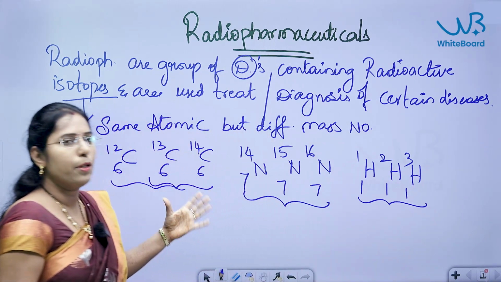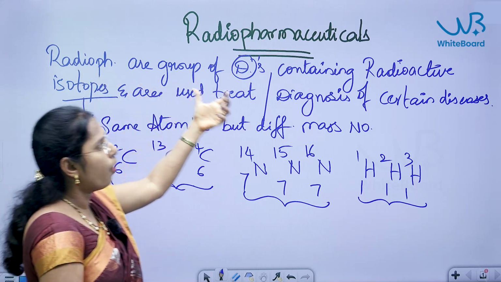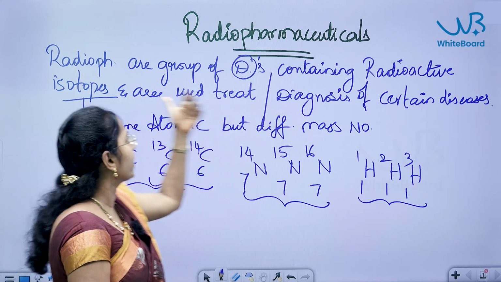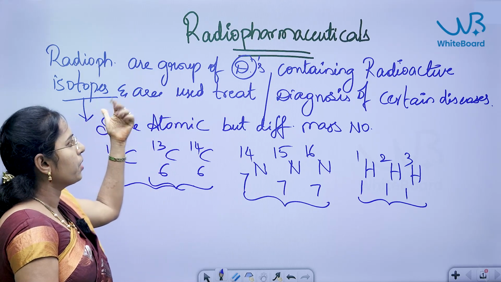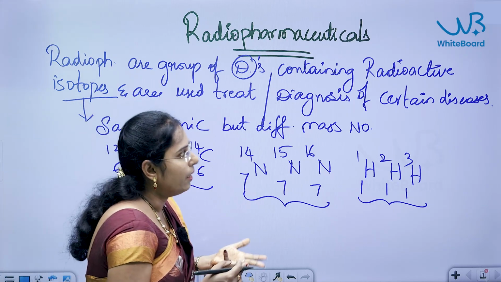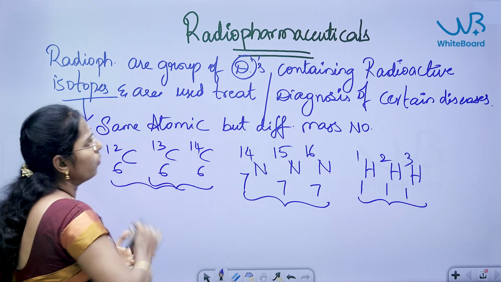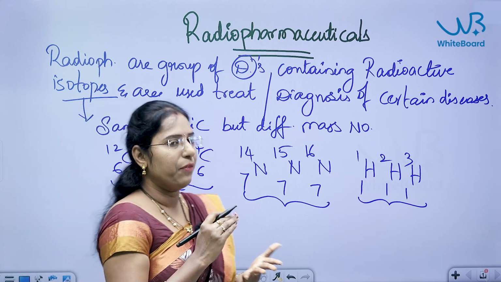These are the examples of isotopes. So radiopharmaceuticals are a group of drugs containing radioactive isotopes, used for treating or diagnosis of certain diseases or disorders.